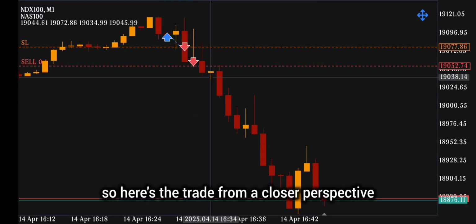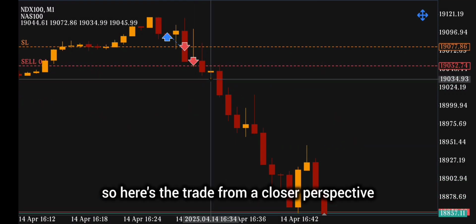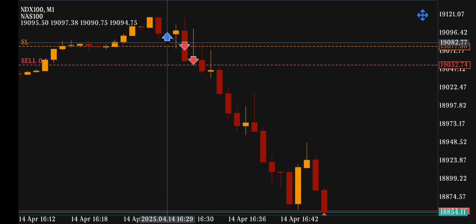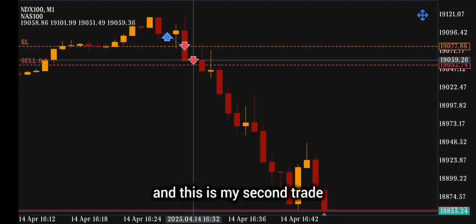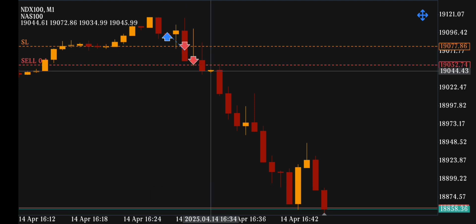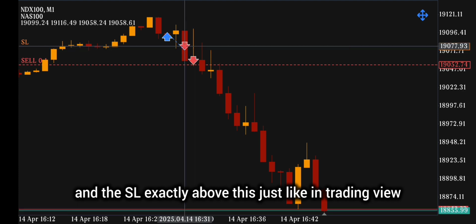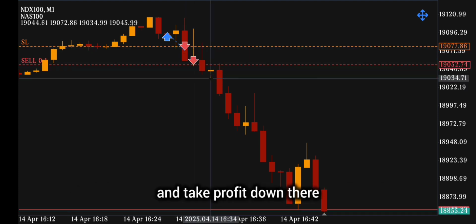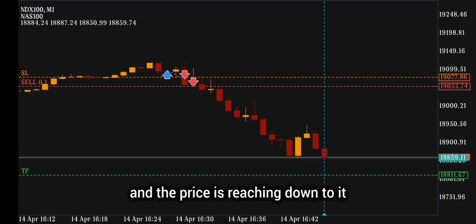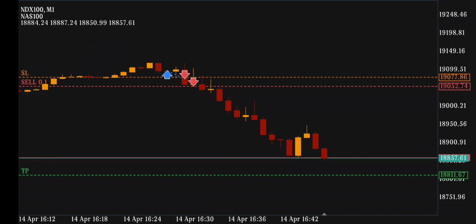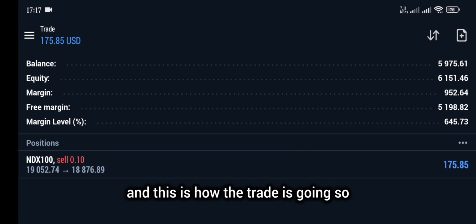So here's the trade from a closer perspective. This was my first trade, that was a losing trade, and this is my second trade, which is a winning trade, and a stop loss exactly above this, just like in TradingView, and take profit way down there, and the price is reaching down to it, and this is how the trade is going.